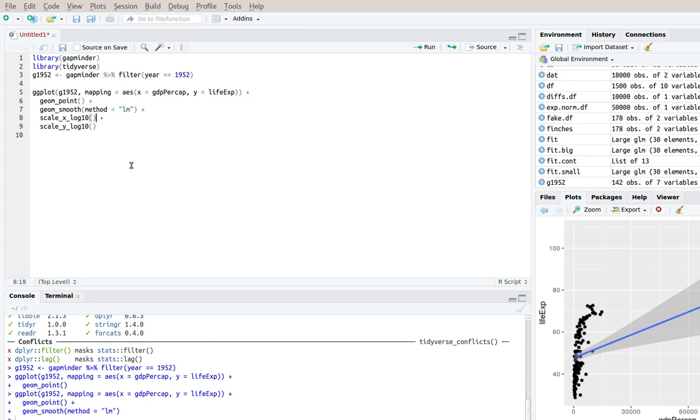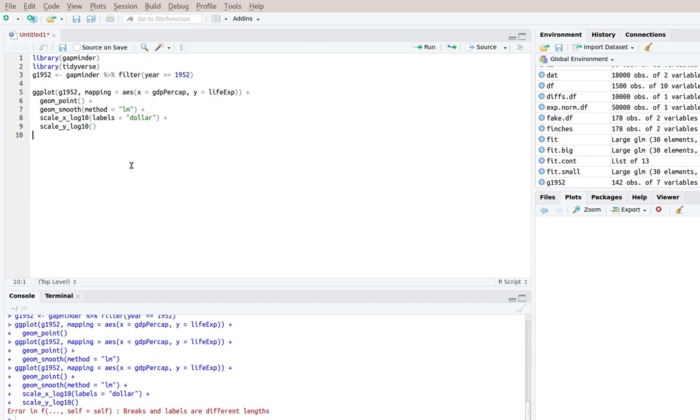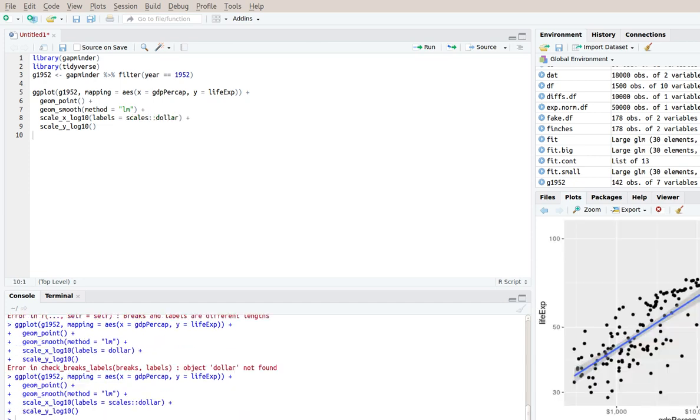So we'll say scale x, and here labels is dollar. You need to say scales dollar here, and here you'll have GDP per capita displayed in dollars. Life expectancy is just in years, so we don't need anything. So that is the plot.